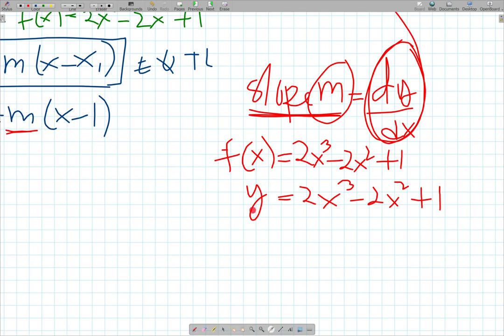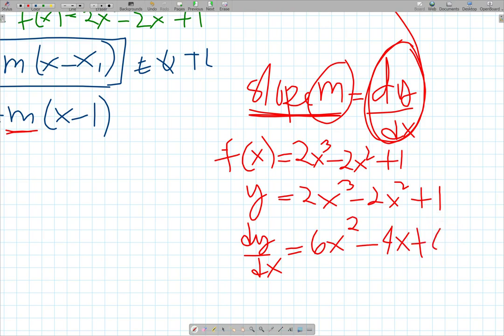So, again, derivative of y with respect to x, that is dy over dx equals, how will you derive this one? No, 3 times 2, 6, then x, 3 minus 1 is equals to 2, then minus. And next is 2 times 2, 4. And then x, 2 minus 1 is 1. Then plus the derivative of constant 1 is 0.